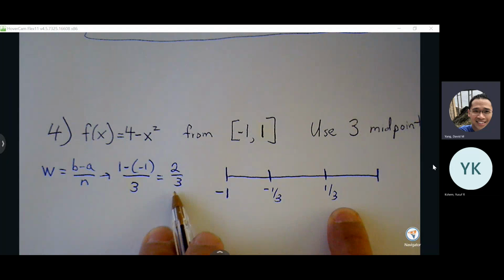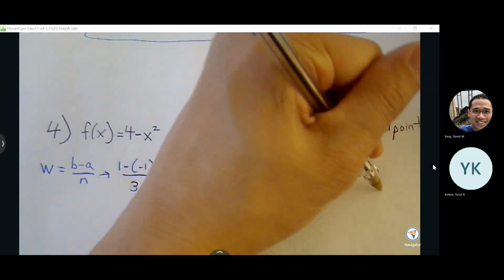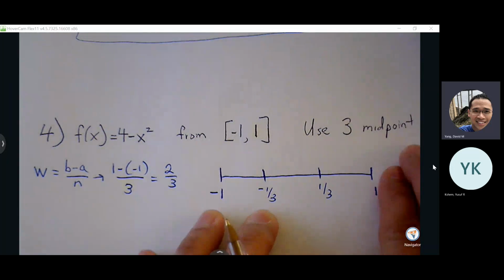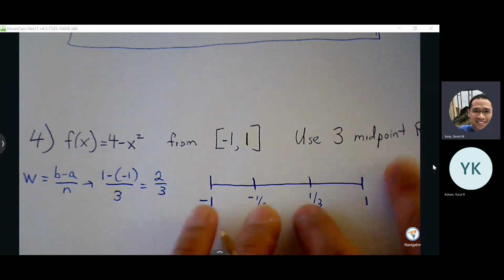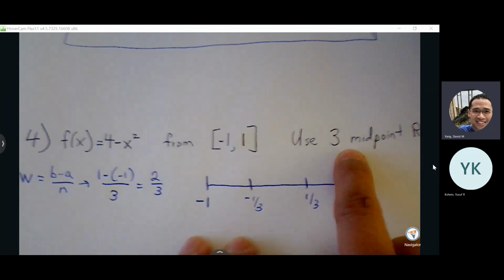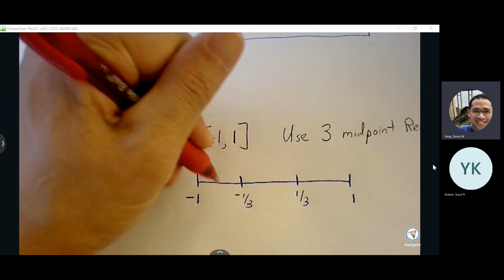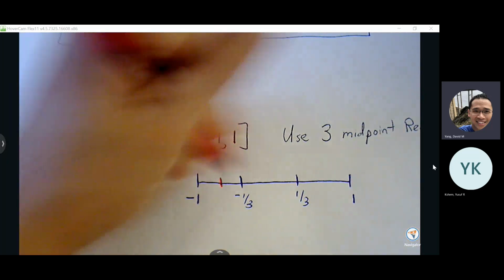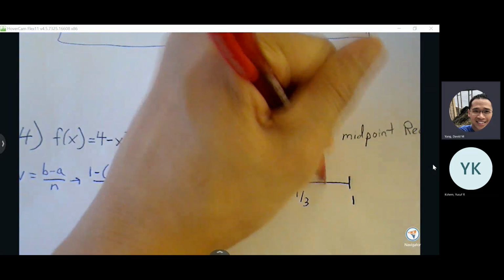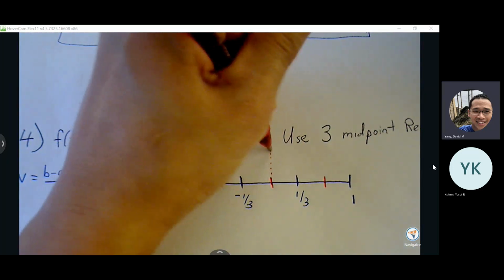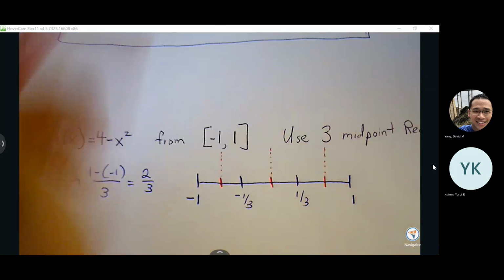Plus 2/3. 1. Okay. Now, these points will be perfectly fine if we want to use 3 left-handed rectangles or 3 right-handed rectangles, but we got to go further because we're asking for midpoint rectangles. So I have to go and find the midpoint between each of these subintervals because these are the values I'm going to be inserting into the graph to get their respective heights.